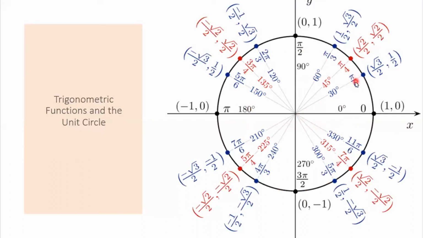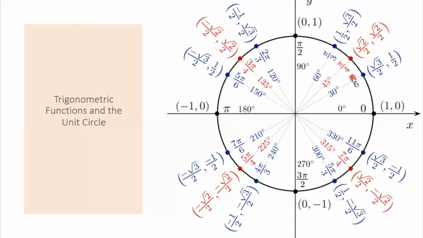For example, in this pi over 6, that is 30 degrees. So by 30 degrees, you can get pi over 3. How? For the next angle, all you have to do is add pi over 6, meaning you add pi over 6 or 30 degrees.